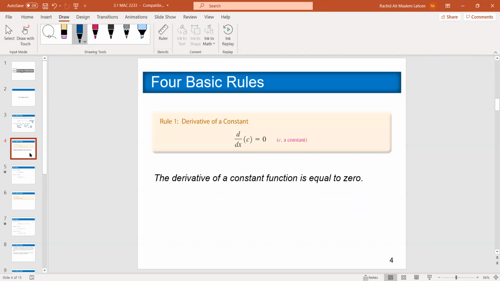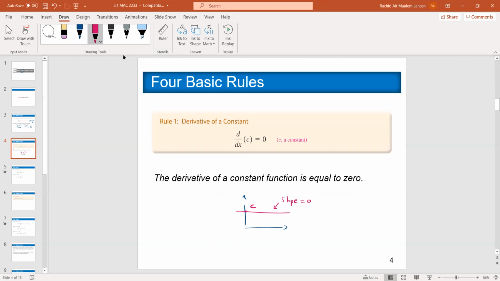All right, so the derivative of a constant is 0. And what does that mean? For example, if you have a constant function, let's say the value of y is c. As you see here, the slope is 0. It's not changing.